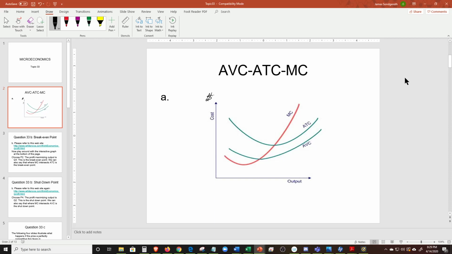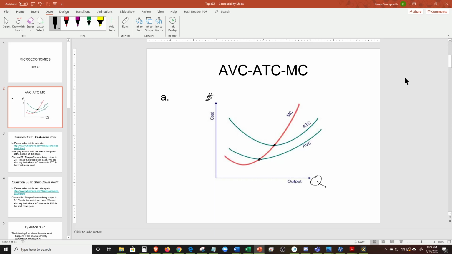Price and cost could be there, and output is here, or Q. And what we should see from 31 is that the marginal cost curve should pass through the minimum point of the average variable cost curve and the average total cost curve.